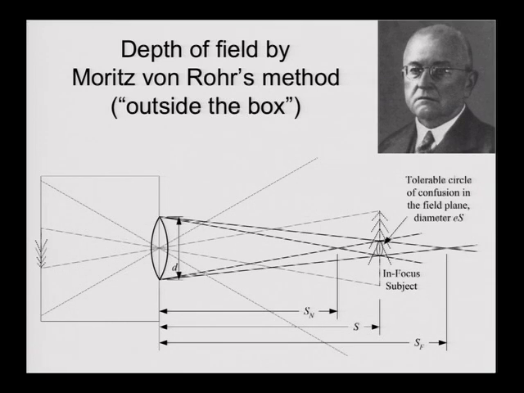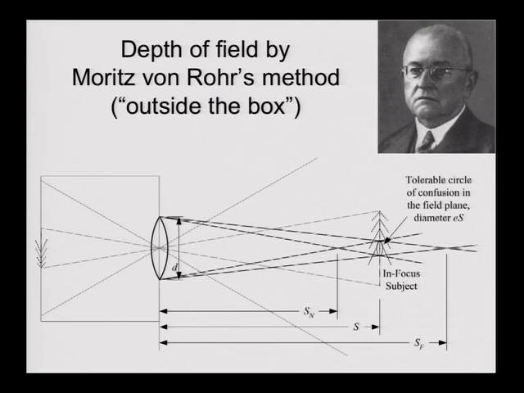If you've got an imaging system on the left here, where I've shown kind of a box for the camera with an image in the back of it, but I haven't given you the parameters of the box. I haven't told you how big that image is, or what the focal length is, or what the F number is. Turns out you don't need to know any of that to compute the depth of field.